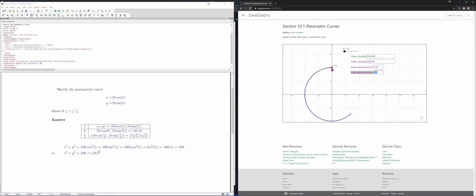What will 7 pi on 4 do? It will start at pi on 2.